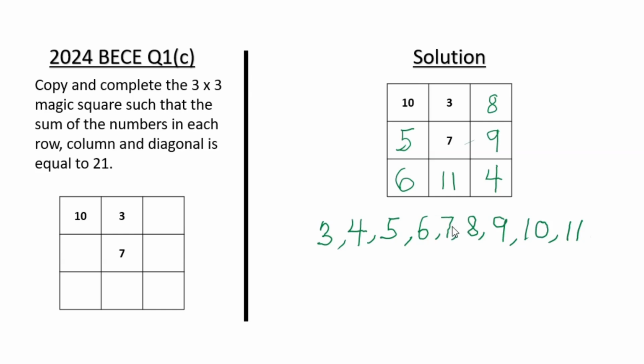So that was what I was saying, that if the question had given you all the 9 digits and they asked you to arrange them such that the diagonals, the column, and the row is equal to 21, then what you need to do is find the median, put it in the middle, like we have 7 over here. Then you multiply it by 3 and get the sum of the diagonals, rows, and columns.